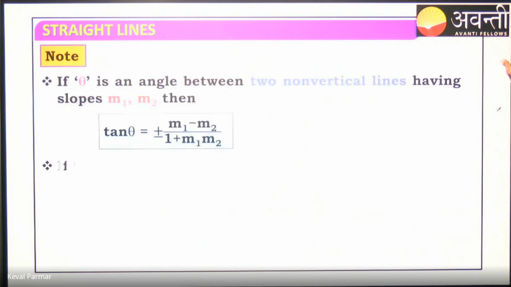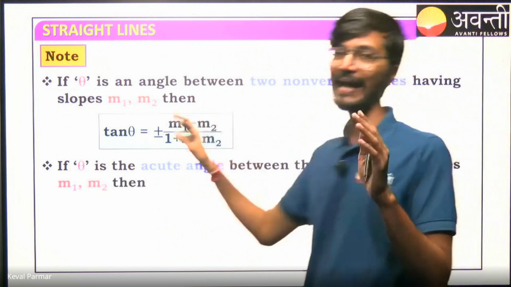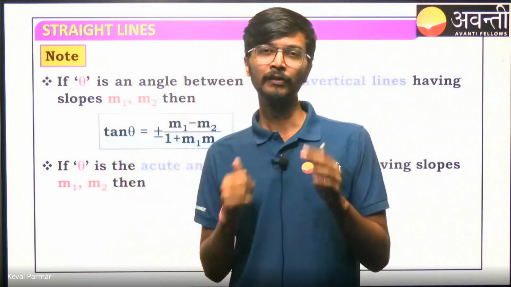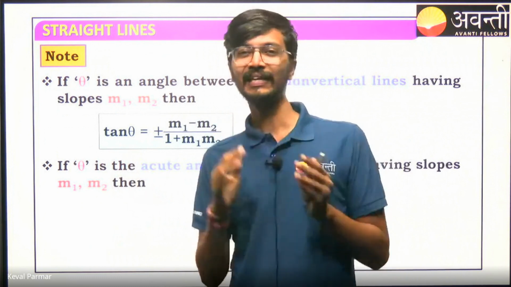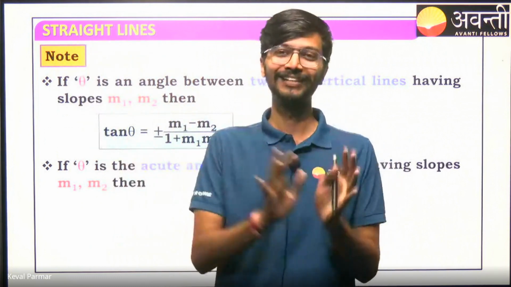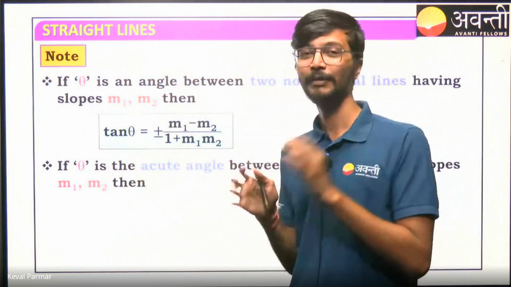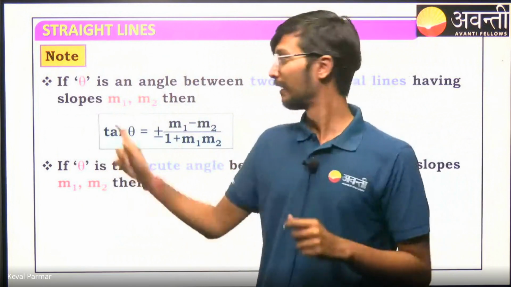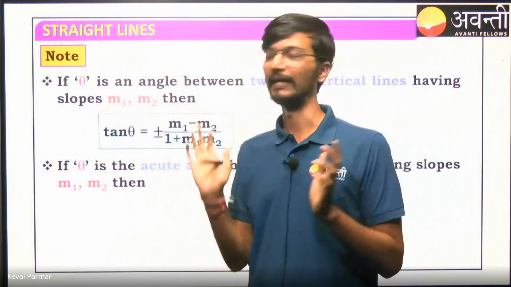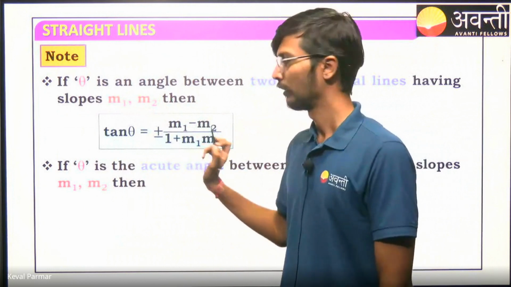We have some more. Now this is the angle between two lines. We will do the angle between two lines in detail once we cover that topic, but for the sake of understanding, we are introducing it here. If theta is the angle between the two straight lines, where m1 and m2 are the slopes of those lines, then tan theta is plus or minus. Why plus or minus?